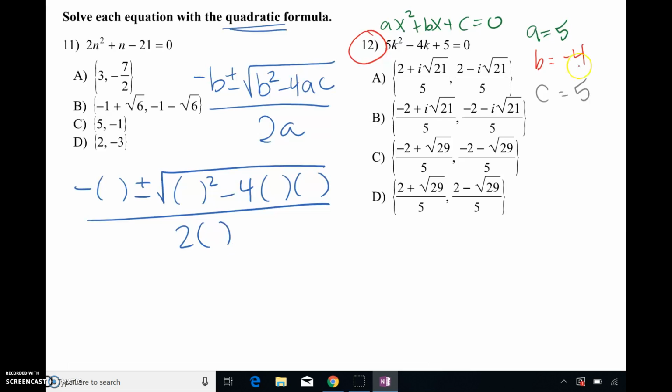So I'm plugging in my variables. I have b is -4, so I have -4 here, and I have a -4 here. Minus 4a, a is 5, and c is 5. All divided by 2a.